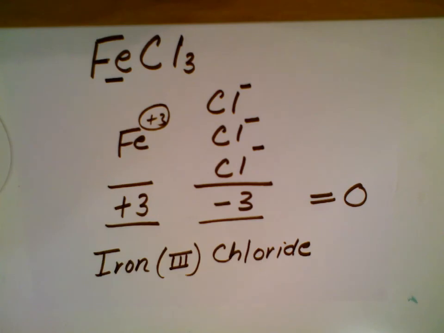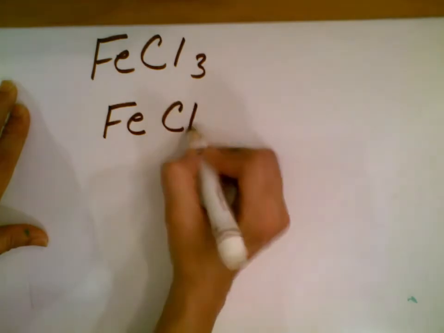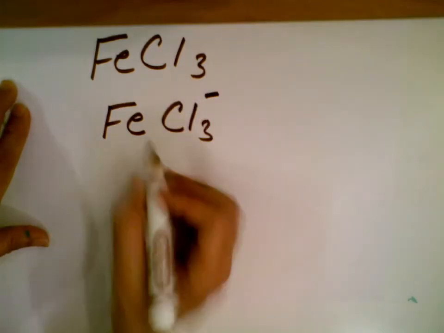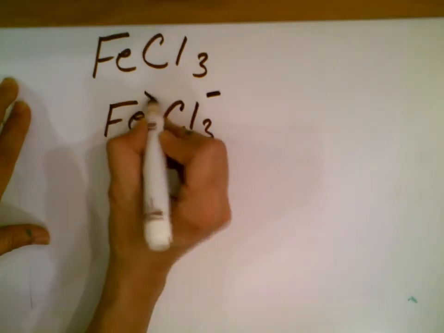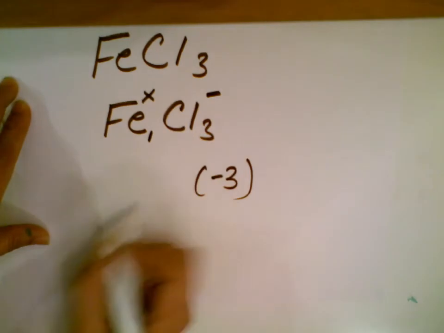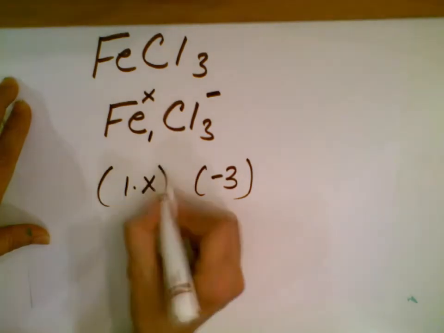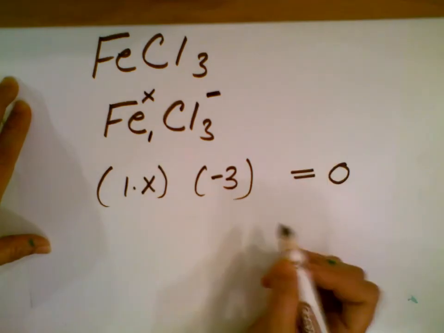Now the other way, once again, FeCl3. This is negative, but I don't know what the charge is here, but I know I have 1 iron, so I'm going to put X again here. 3 times 1, I get -3. Now what should be my value of X in order to get +3? Remember, I want 0 here because compounds are neutral.